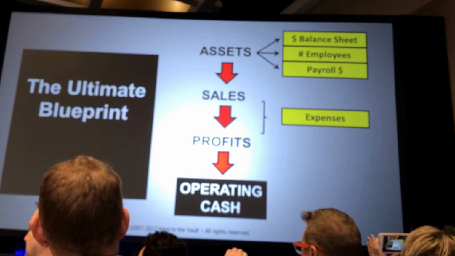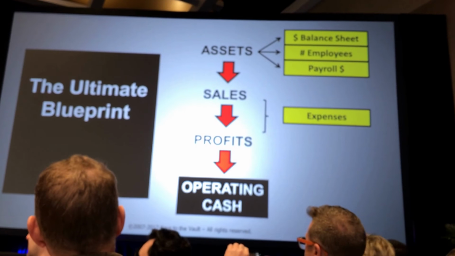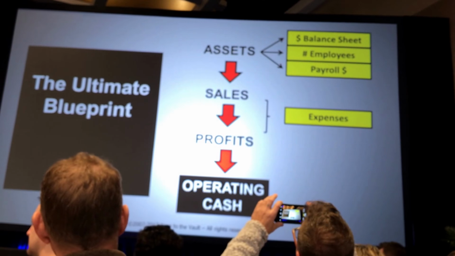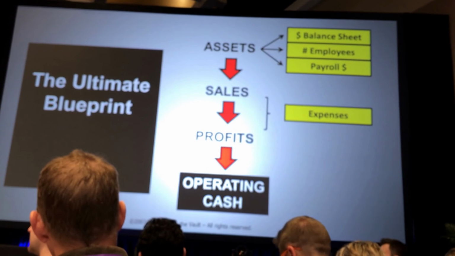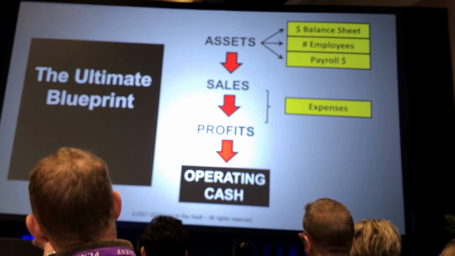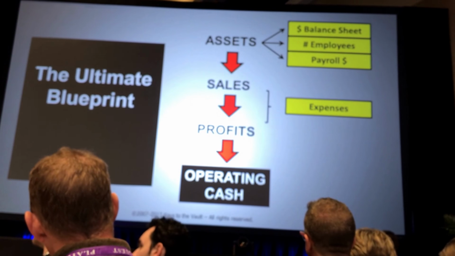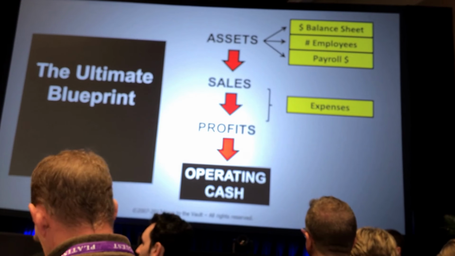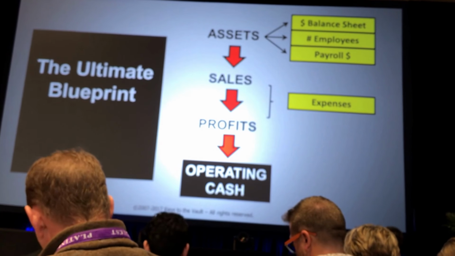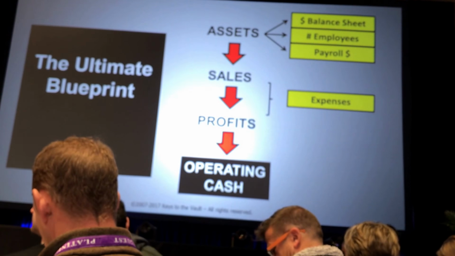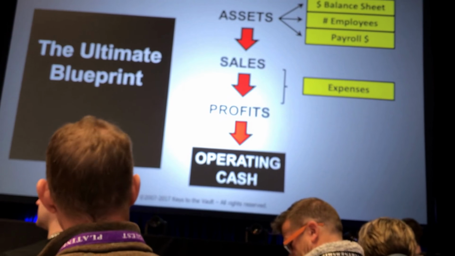So in other words, my ability to generate profits is dictated by my ability to be efficient with my revenue. How efficiently can I convert revenue into profits? Write that down. How efficiently do I convert revenue into profits? Because at the end of the day, the whole reason to have revenue is to get it into profits.